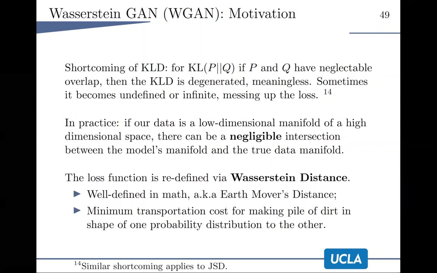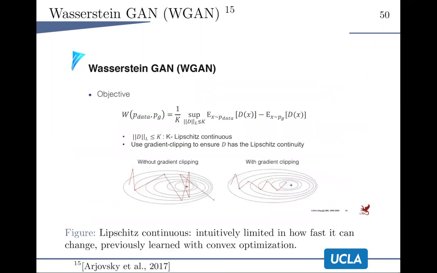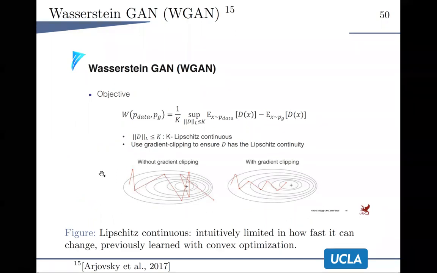It's Earth mover because this distance is measured by the transportation cost of making a pile of dirt from one shape into another. If we see the distributions as piles of dirt, it's how to make this pile into that pile. I'm putting this page here because of the nice illustration of this figure.